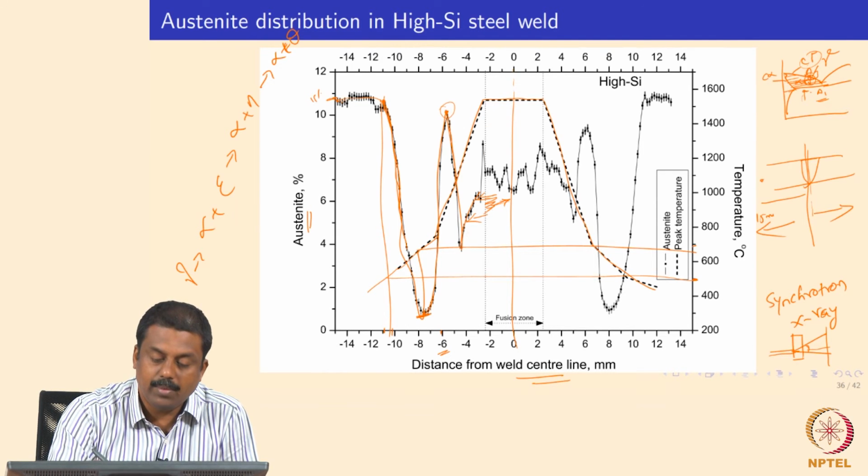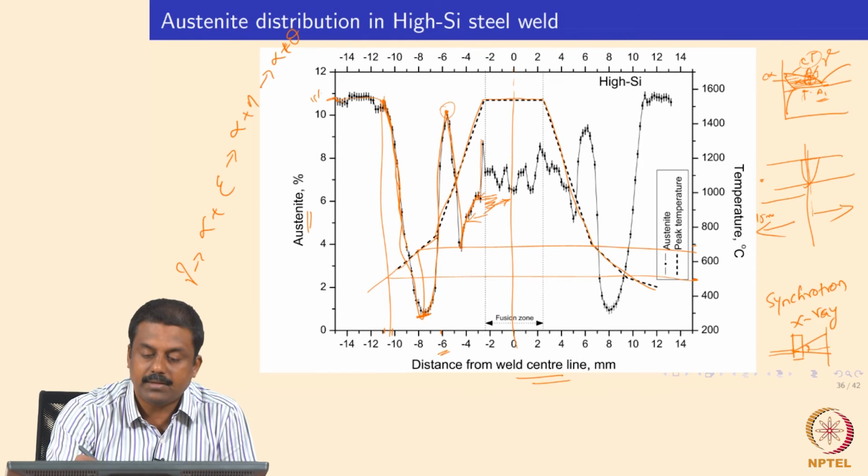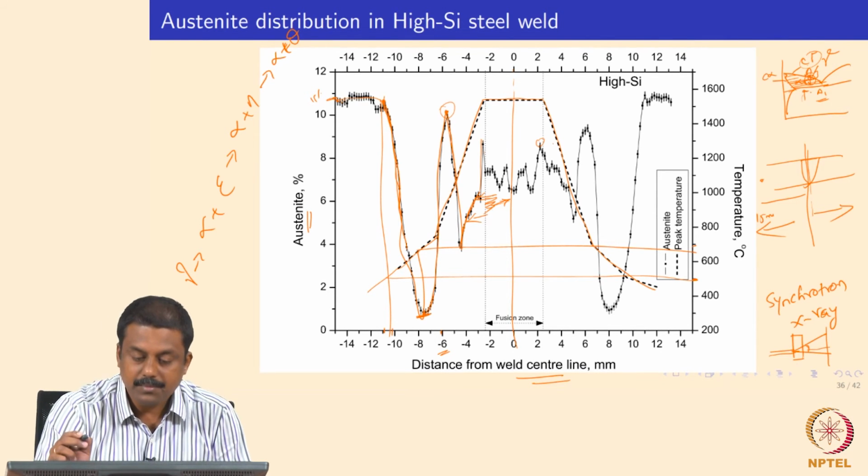Due to that, carbon can enrich and stabilize retained austenite in the fully austenitic regions, thereby the austenite fraction increases again, and subsequently you will have enrichment leading to an increasing austenite fraction at the fusion boundary.